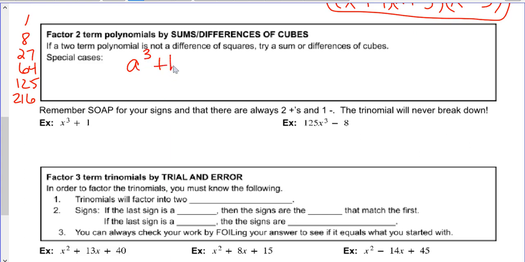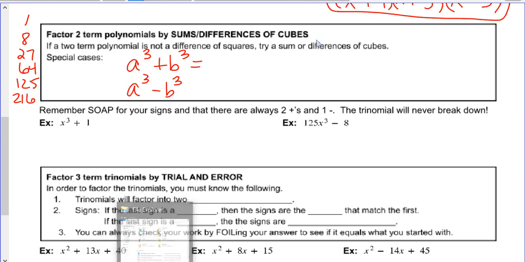We have a cubed plus b cubed and a cubed minus b cubed, okay? Now, these are going to be very, very similar. They're only going to be different by signs. But there is another pattern. So again, you have to make sure that you know the pattern with these and be able to work with it, okay?